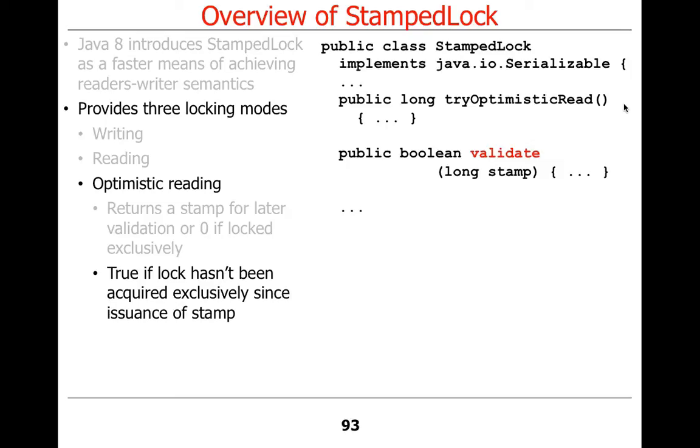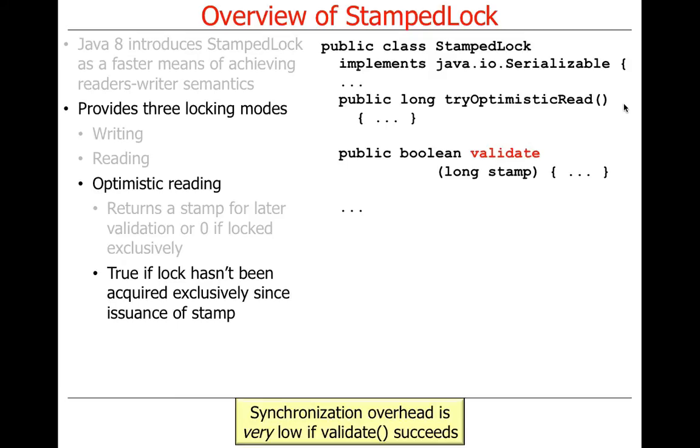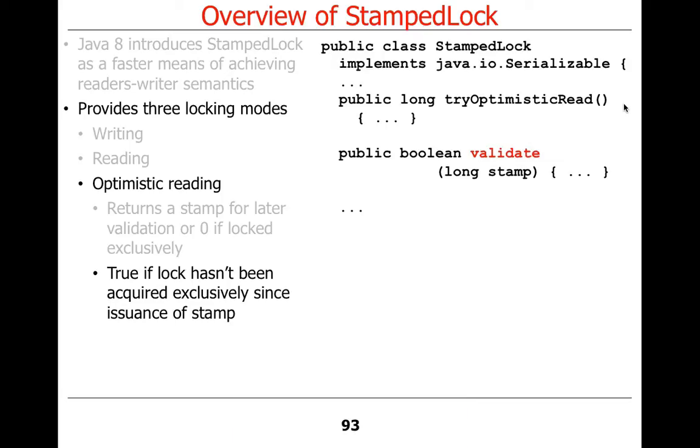And then once you're done reading them, and by the way, you don't want to be reading for a long period of time. You want to keep this read window very short, very small. What you then do is you call the validate method, passing in the stamp that came back from tryOptimisticRead. And if it turns out nobody has come along and acquired the lock exclusively between the time you got the optimistic read and the time you validated it, you're golden, right?